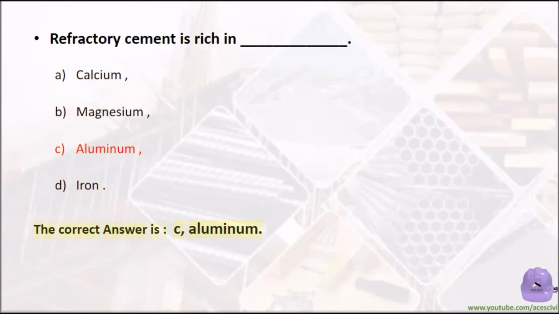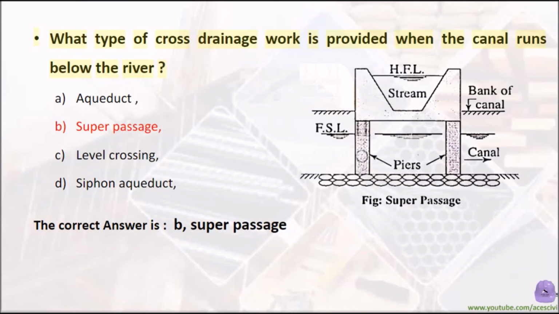What type of cross-drainage work is provided when the canal runs below the river? A. Aqueduct, B. Superpassage, C. Level crossing, D. Siphon aqueduct. The correct answer is B. Superpassage.